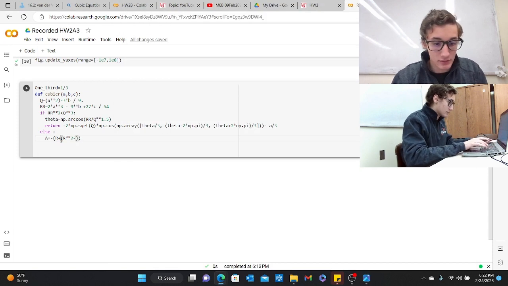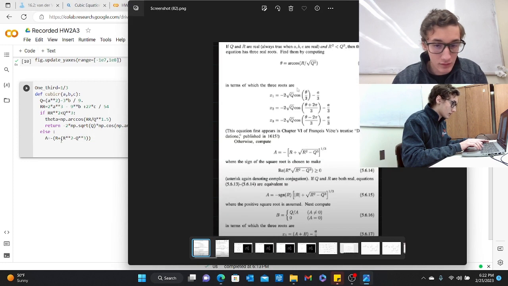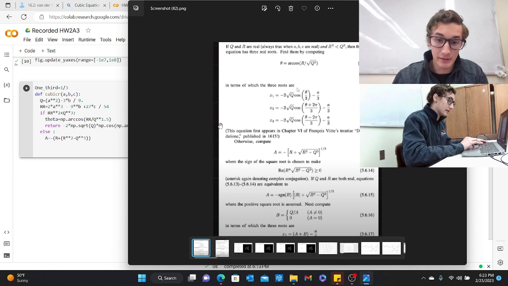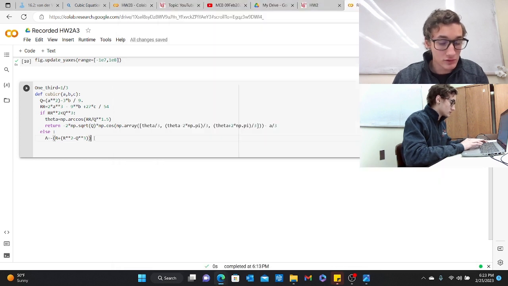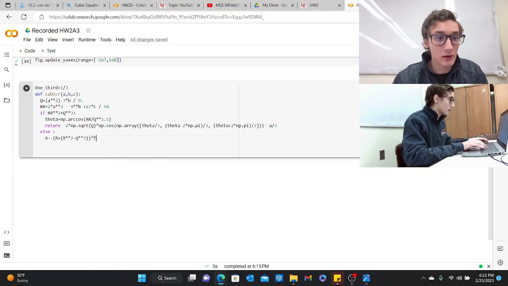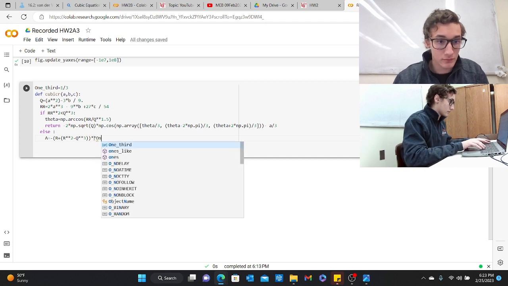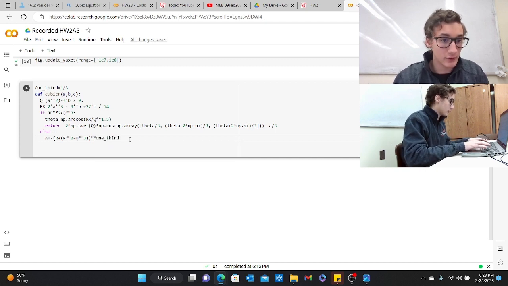Minus q to the third, and the 1/3 power goes around everything. So now we're going to do the power of 1/3 and hope that works.